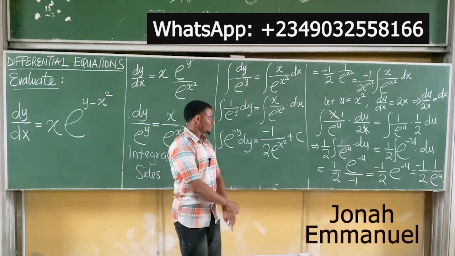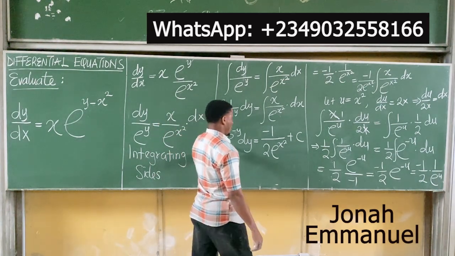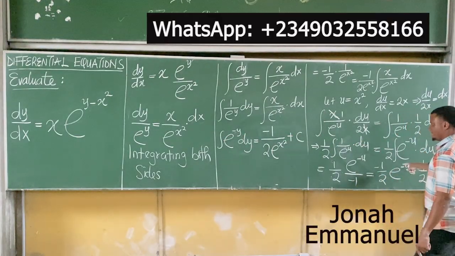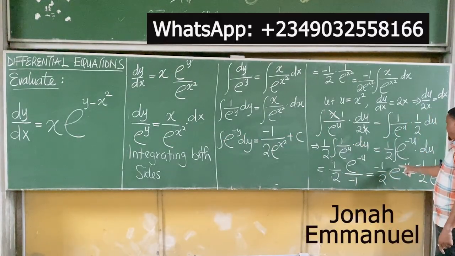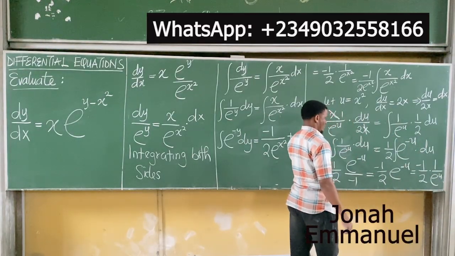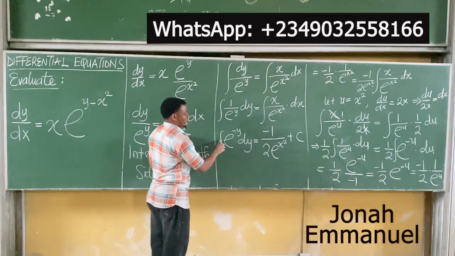I think this and this are similar. The only difference now is that it doesn't come with 1 over 2. But don't worry. How do you integrate exponential?